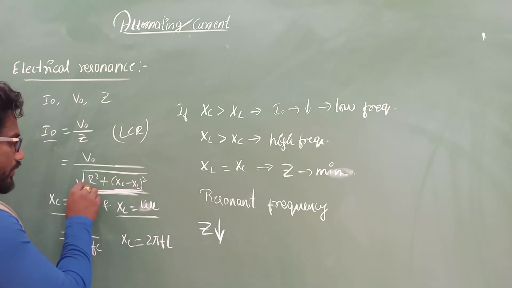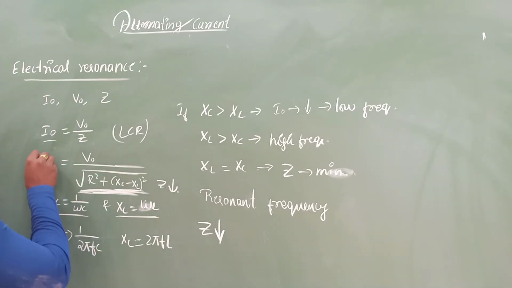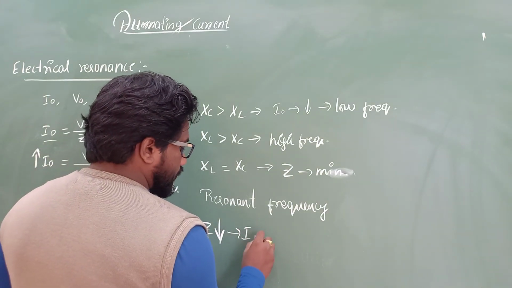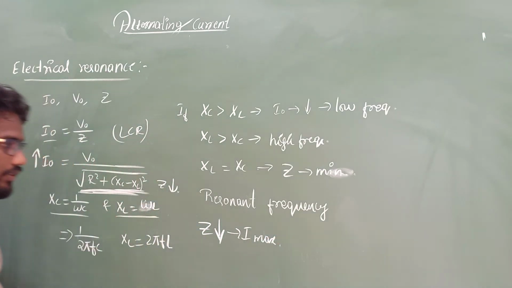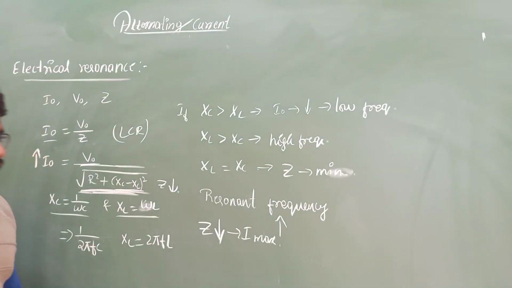I told it in reverse there. So here this Z value is minimum, and current is the reciprocal of this, right? So current value I0 will become maximum. So if Z becomes minimum and current becomes maximum at a particular value of frequency, for an applied voltage that is constant, that frequency is called the resonant frequency, and that condition is called resonance.